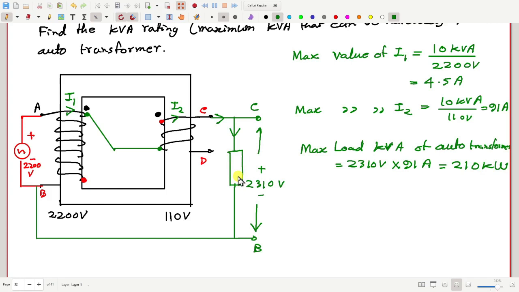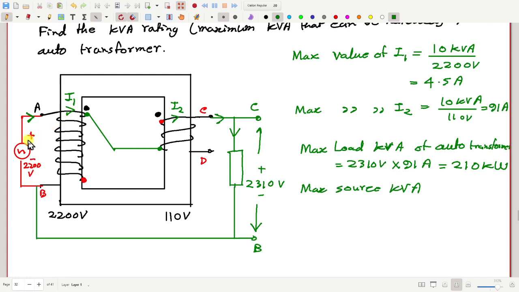We may also look at what is happening on the source side. Let us see the max source kVA. Here, how much current can we have? That is I1.